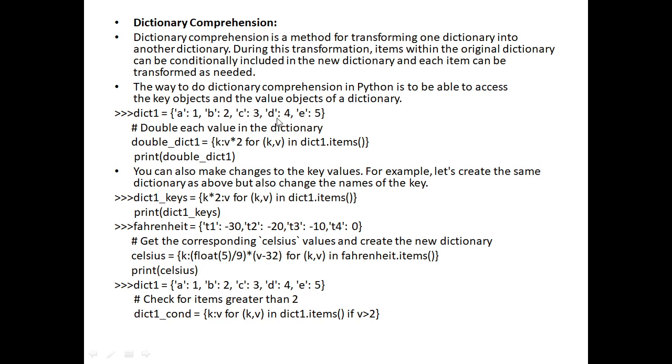For every iteration, it will get one item. For example, first it will take A1, and that will be stored into k comma v. k contains the key, v contains the value. So k contains a, v contains 1. Here k as it is I am placing, and v I am multiplying with 2. Like that, every item it will pick and perform the multiplication with 2. So we go with an example.